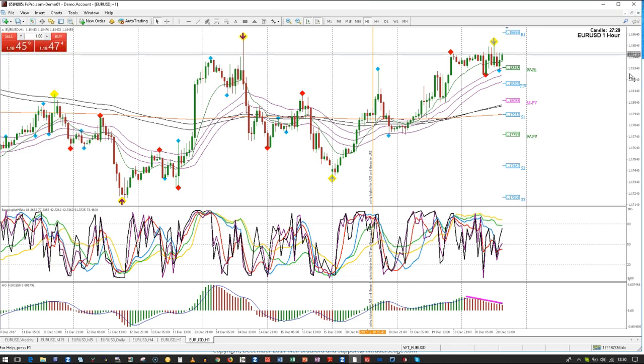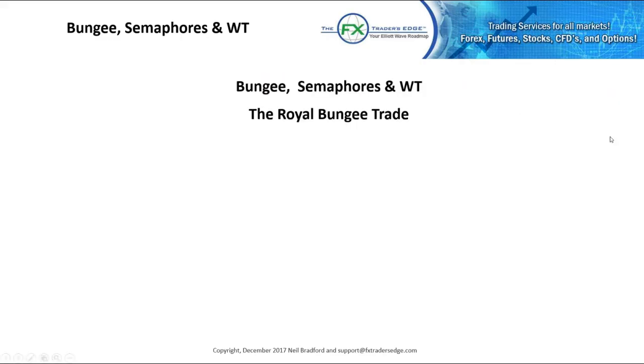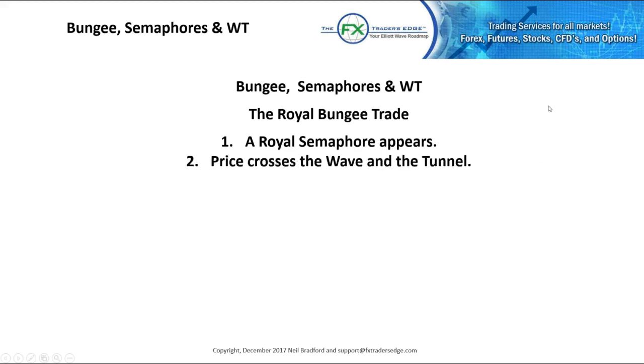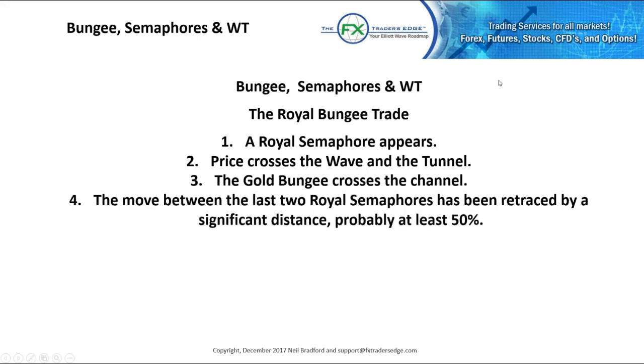Now, if you thought that was good, let's just review it again. A royal semaphore appears. Price crosses the wave in the tunnel. This is very specific. Price crosses the wave in the tunnel. You can't miss anything out. You have to see it all. The gold bungee must cross the channel from one reversal zone to the other.